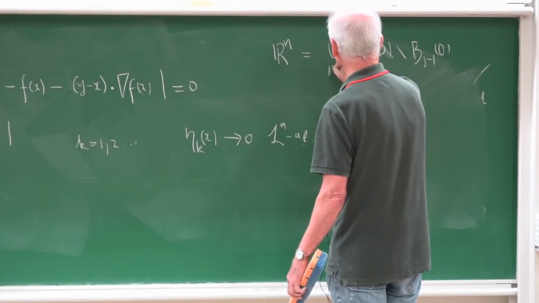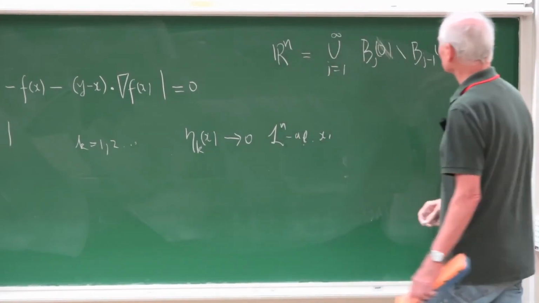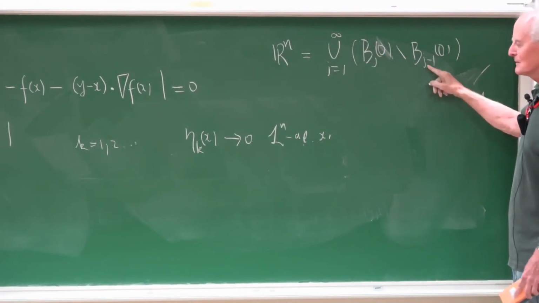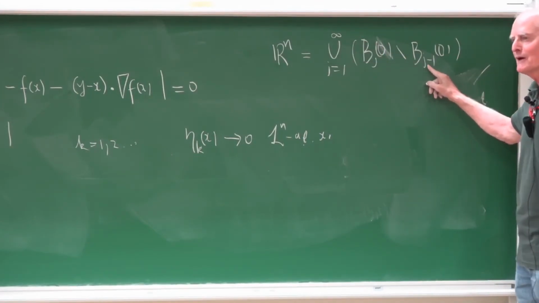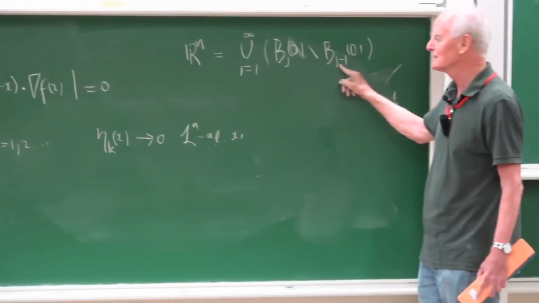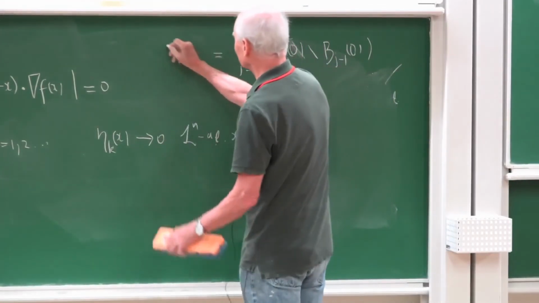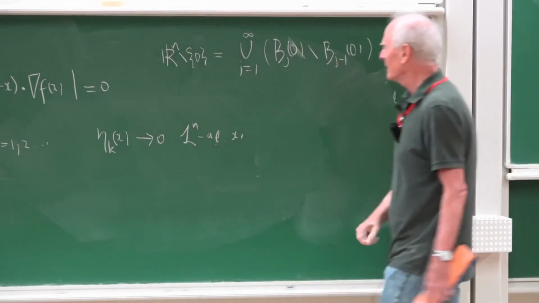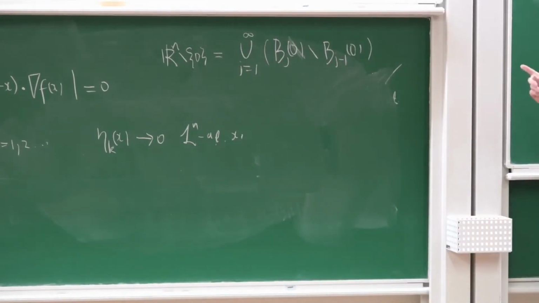Union j equals 1 to infinity. Well, actually, when j is 1, that's the closed ball of radius 0. That's just a single point, isn't it? So actually, all except the origin can be written that way anyway. So Rn minus 0 can be written like that, where Bj means the closed ball.